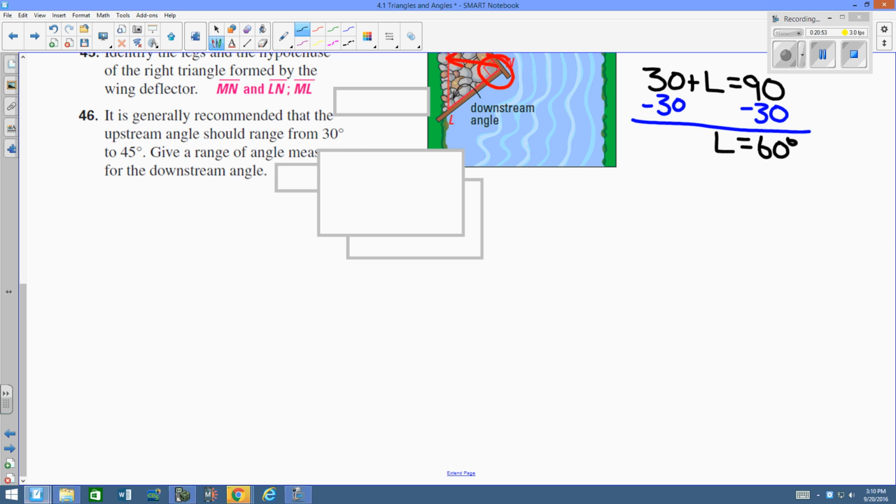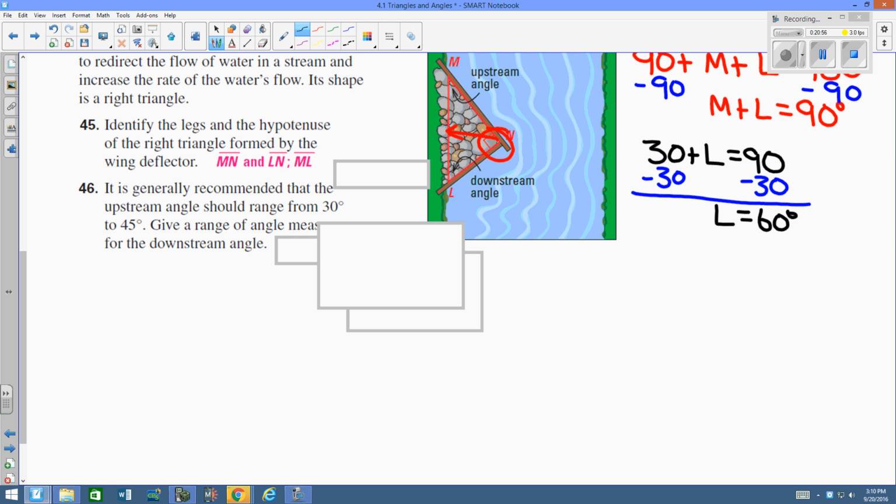And if M was 45 degrees, and we subtract 45 on both sides, we would get L equals 45. And that would be the smallest L could be.